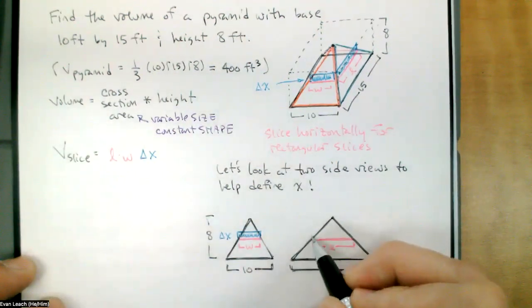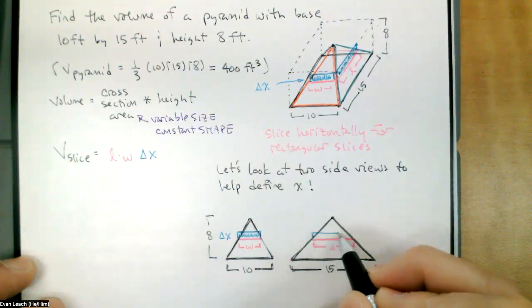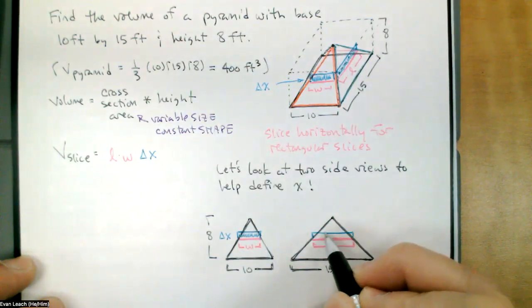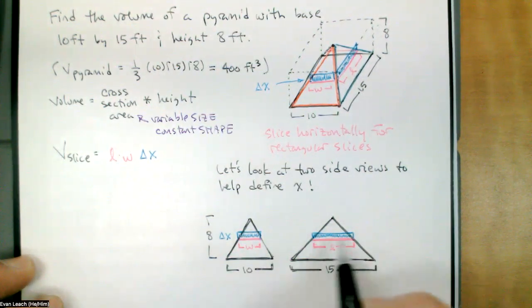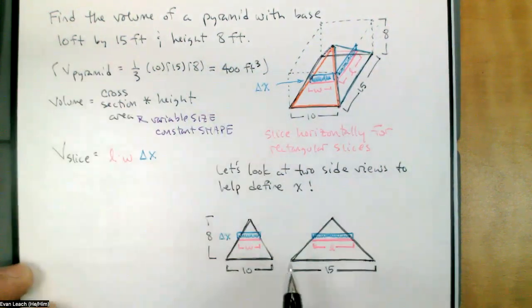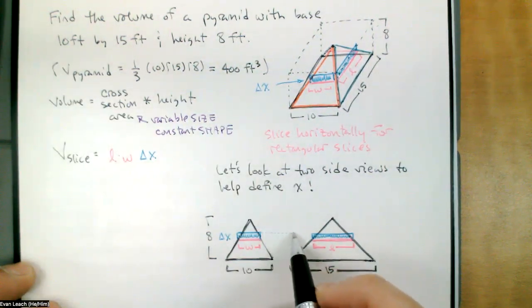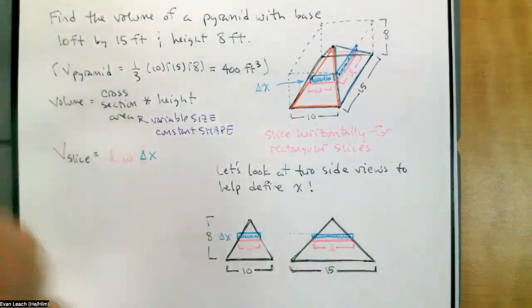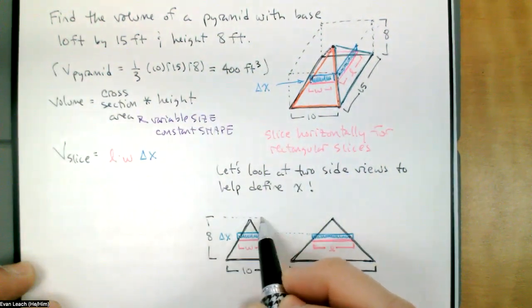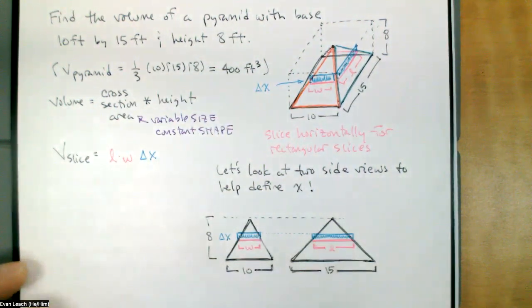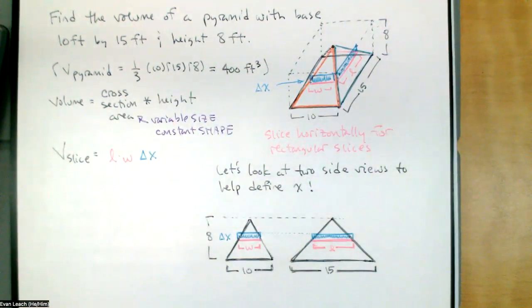We're still going to use this length for our volume calculation for some small change, delta x. So this is still delta x. This is still a height of 8. So there are the two side views.